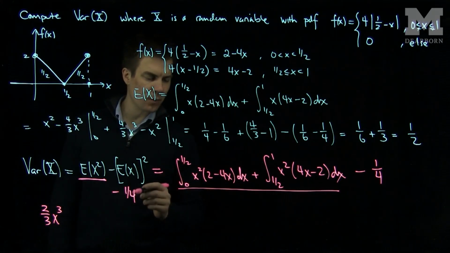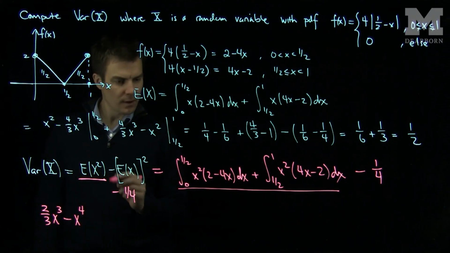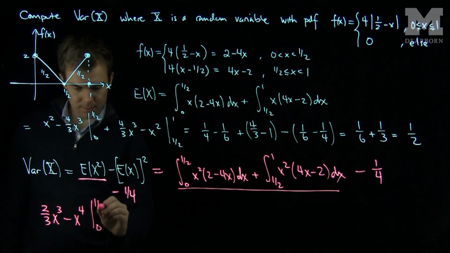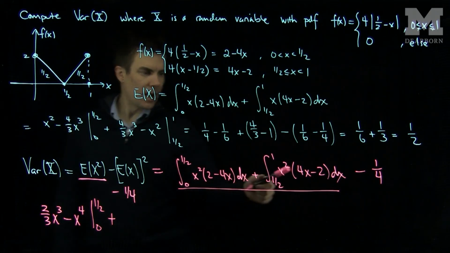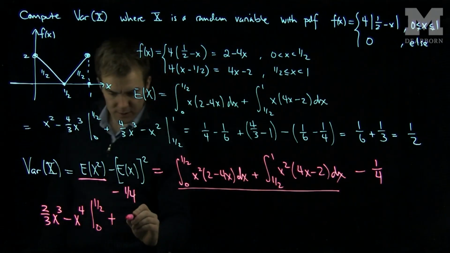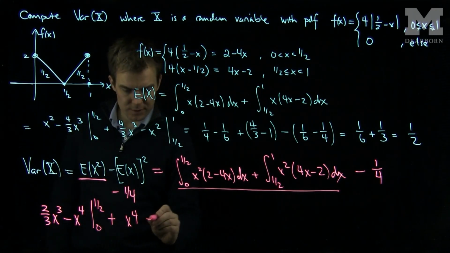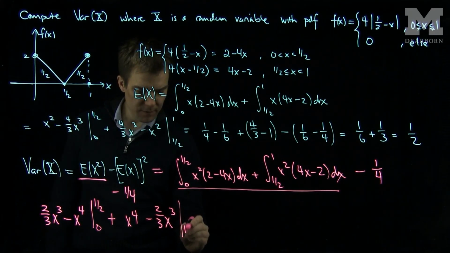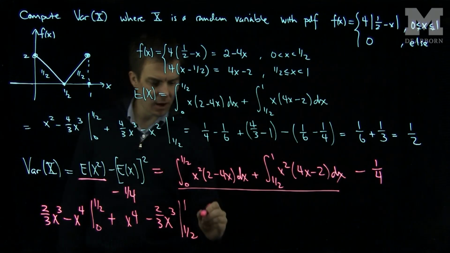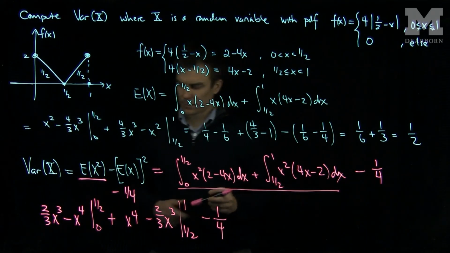Then I have a minus 4x cubed, that's going to be minus x to the 4th power from 0 to 1/2. Plus, I'll have a 4x cubed, that will give me an x to the 4th power. Then I'll have a minus 2/3 x cubed from 1/2 to 1. And I will subtract 1/4 from all this result.